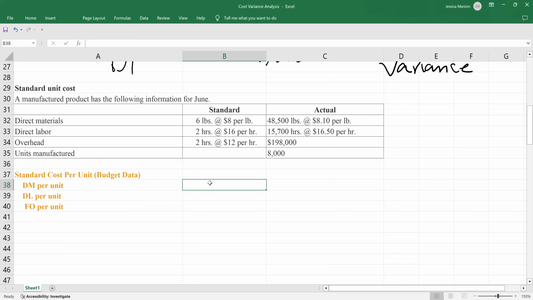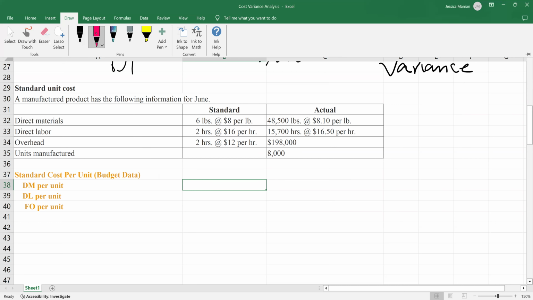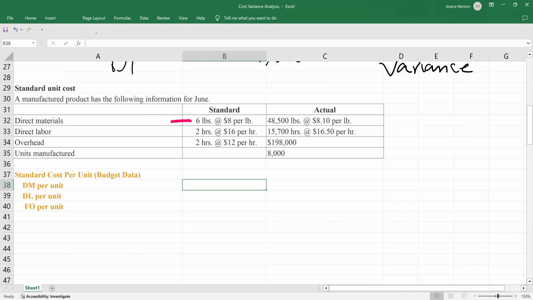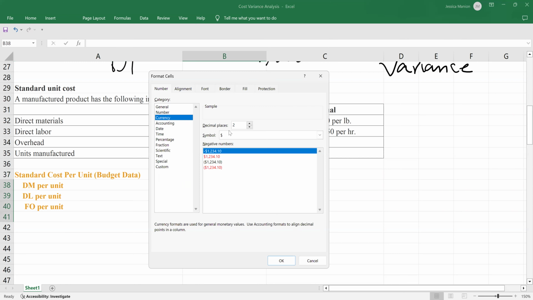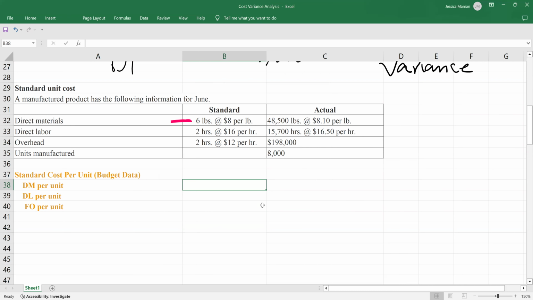So looking up here, for the material cost, our standard is each unit requires 6 pounds of material. Each pound costs $8. And let me go ahead and change this to currency because we want it to show up as currency. Okay, so each unit requires 6 pounds, and each pound costs $8.